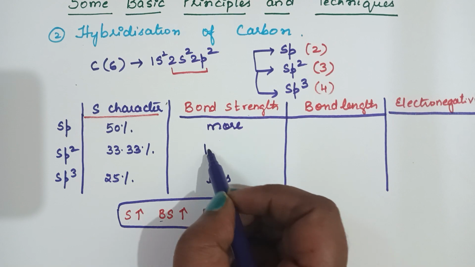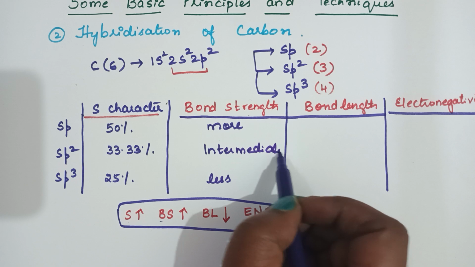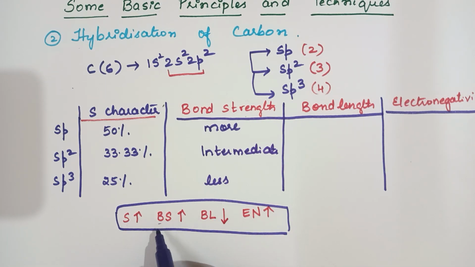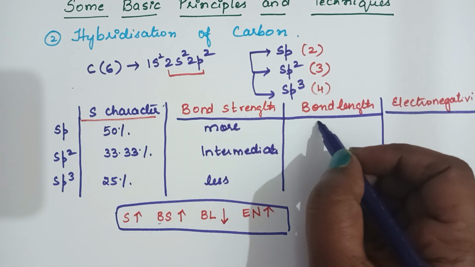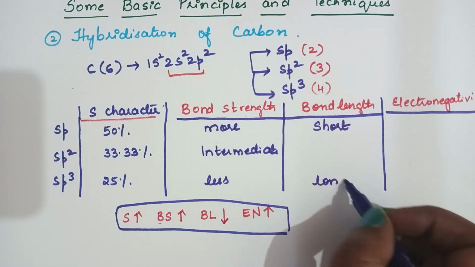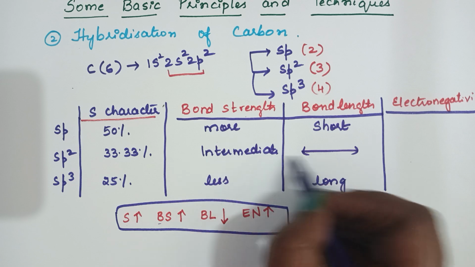And here it will be intermediate. Coming to bond length: the more the bond strength, the less the bond length. So with more strength, the bond length will become short. Here it will become long. And here again it will be intermediate.